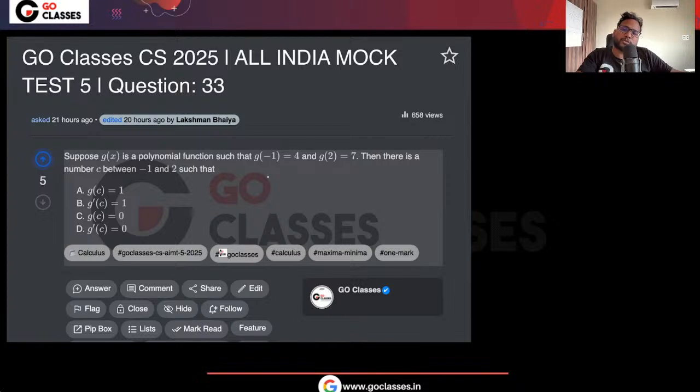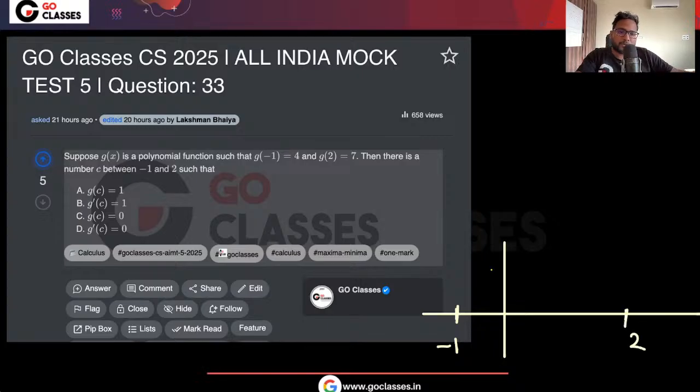Now let's go to this question. In this question, they are saying g of minus 1 is 4. So this is minus 1 and this is 2. g of minus 1 is 4, and then g of 2 is 7.